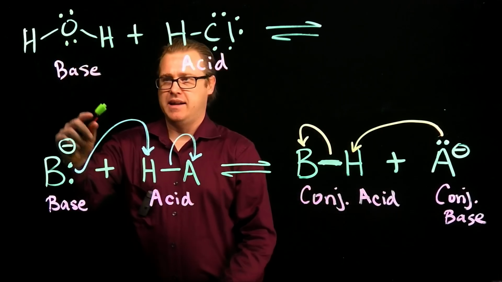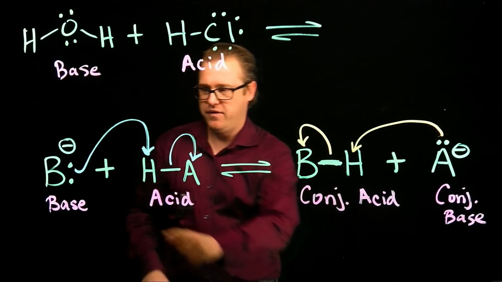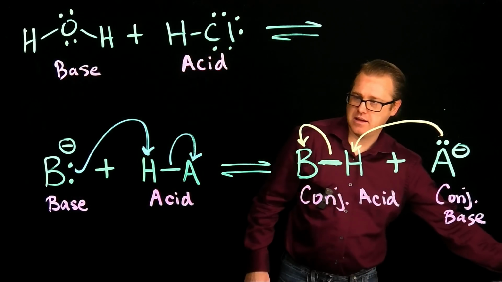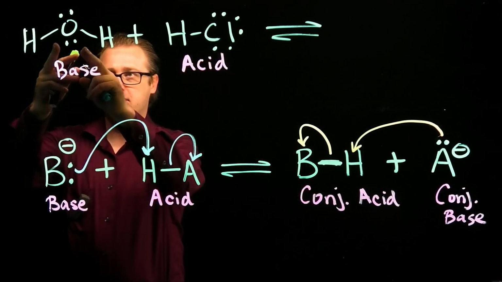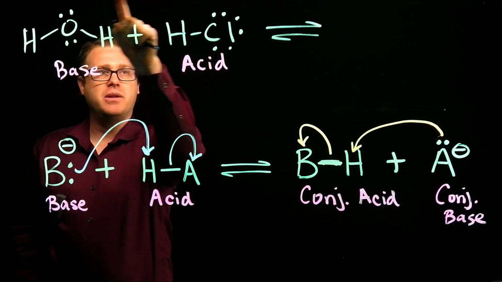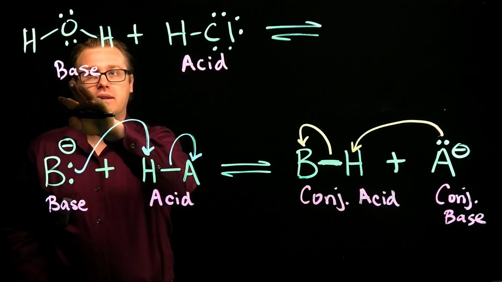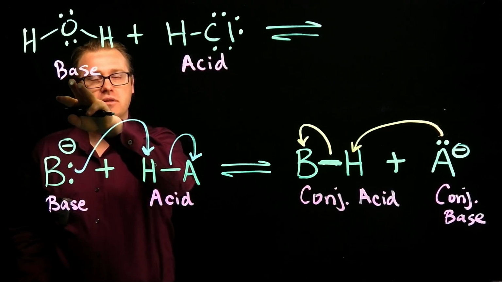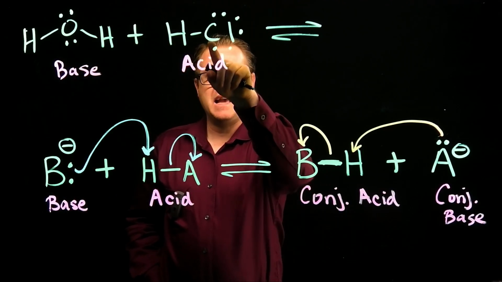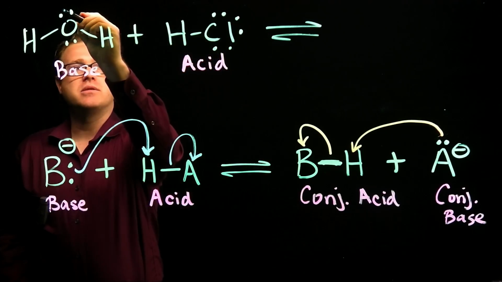Now that I've identified my base and acid, we follow this general mechanism. It tells us that we are going to find the base and use one of the lone pairs on that base to abstract the proton. Because bases are what? Proton acceptors, and acids are proton donors. So this acid is going to donate its proton to the water by this mechanism.